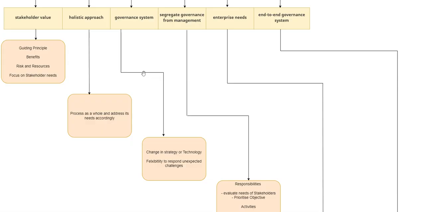So there must be flexibility to respond to unexpected challenges. For example, your system is legacy and you need to upgrade to a new version of the system. That's a function of the dynamic governance system. So you must have a change in strategy and technology, based on flexibility to unexpected challenges, on a monthly or daily basis of the organization's flow process.